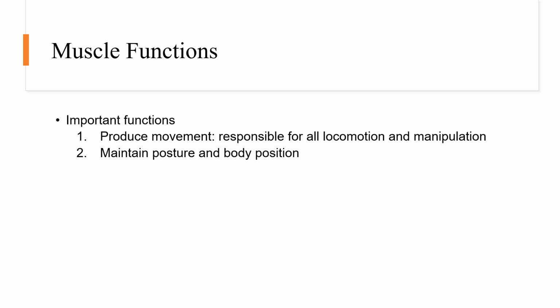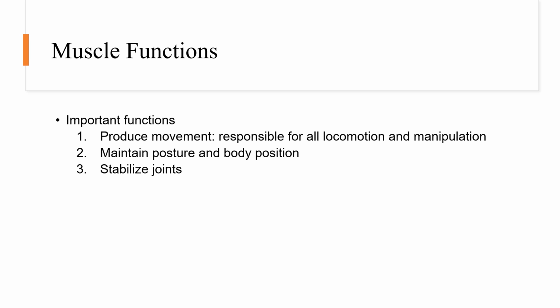Muscles also help us maintain posture and body position. If you're sitting in a chair or standing up, the reason you're able to do that and not flop on the ground like a slug is because we have muscles that allow us to stand erect.